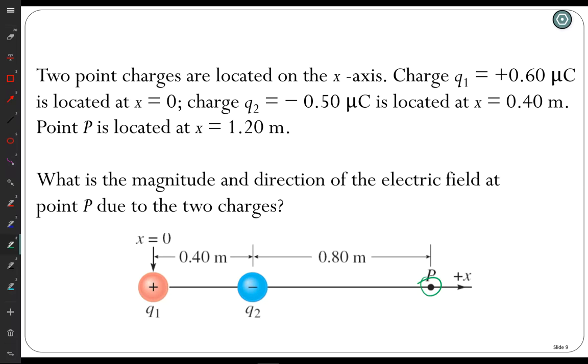So I'm going to have the magnitude of electric field 1 equal to K Q1 over R1 squared. Electric field 2 is going to be K Q2 over R2 squared. I do need to pay attention to direction.